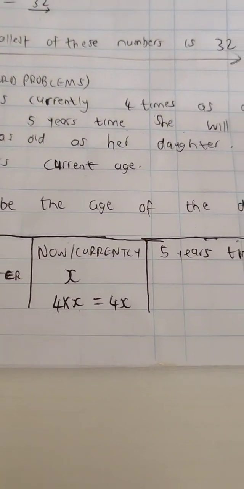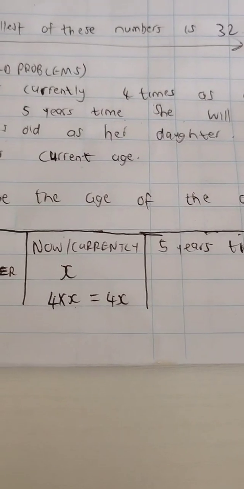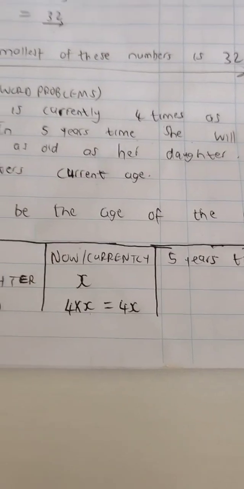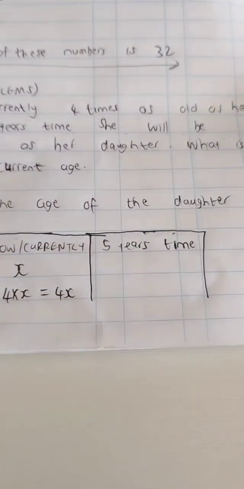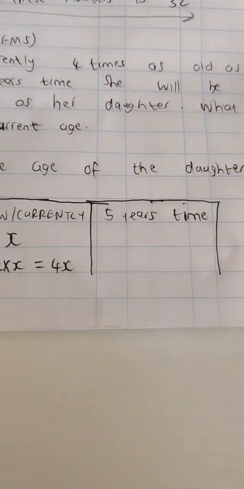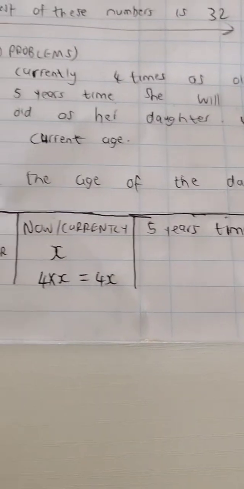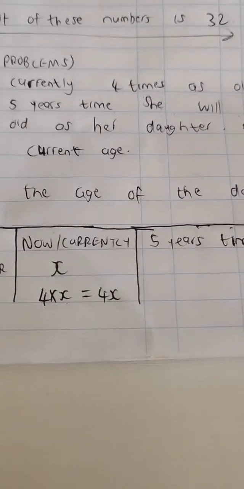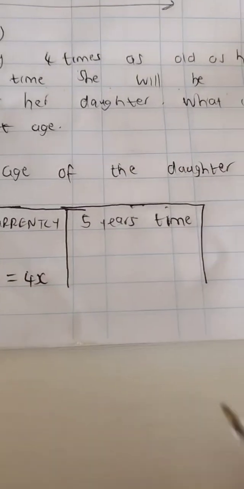And if my daddy is 40 years old currently, how old will he be in 5 years' time? Thank you, Brenda. If I am 10 years old right now, in 5 years' time, I will be 15 years old. If daddy, my father, is 40 years old, in 5 years' time, he will be 45 years old.